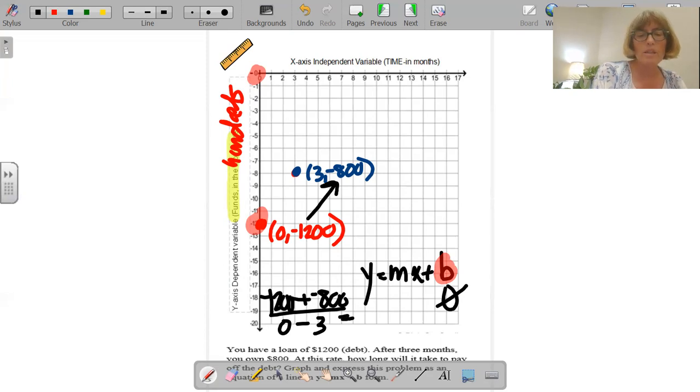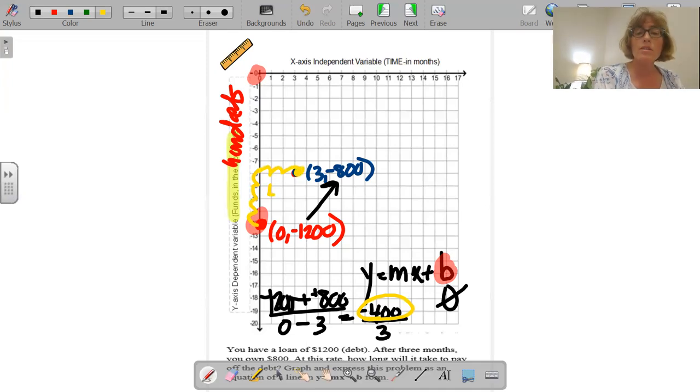Double negative makes a positive, and that ends up being negative 400 over 3. But because we are working here in hundreds, see your 1, 2, 3, 4, 1, 2, 3.